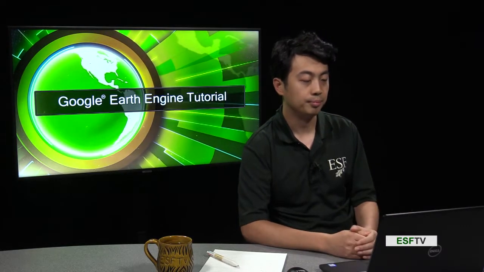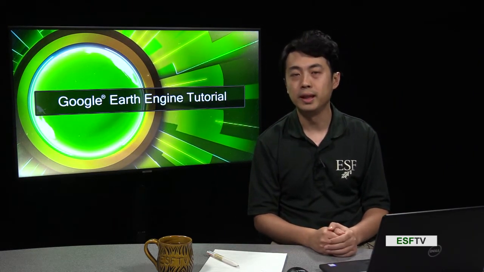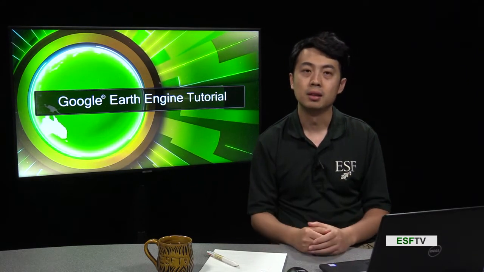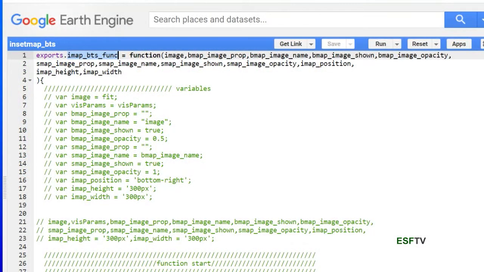And this is the name of the function that we are about to write for this script and this module. In this particular example, we are doing a map function that is going to help us create basically a map within a map inside Google Earth Engine. And when we look at this function, there are different parameters that you can use. This is very similar to writing a function before.